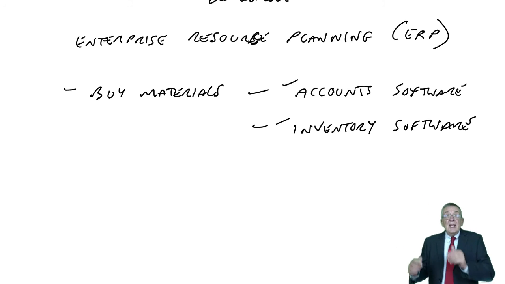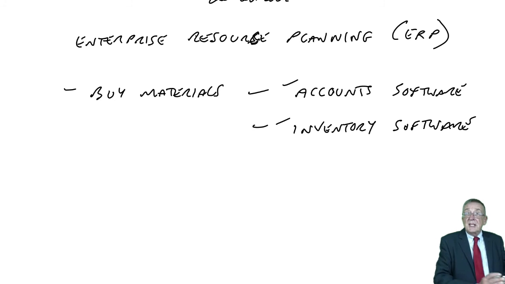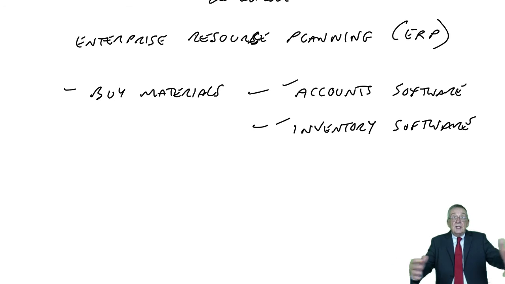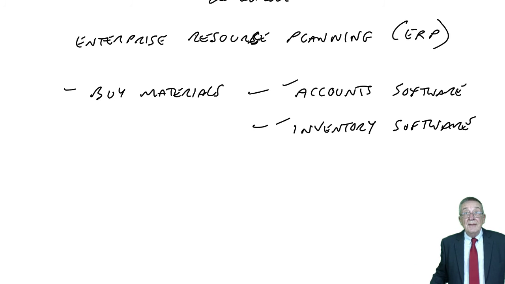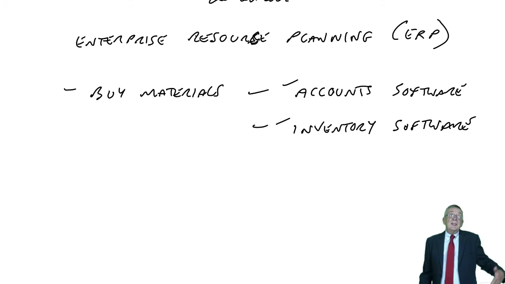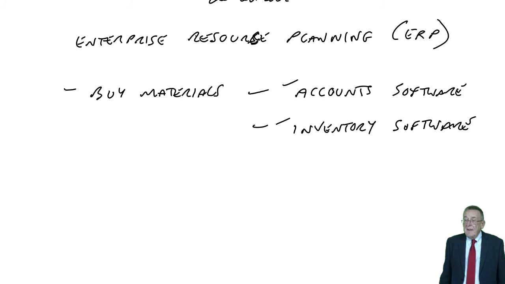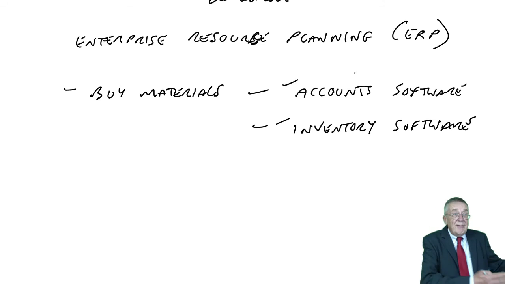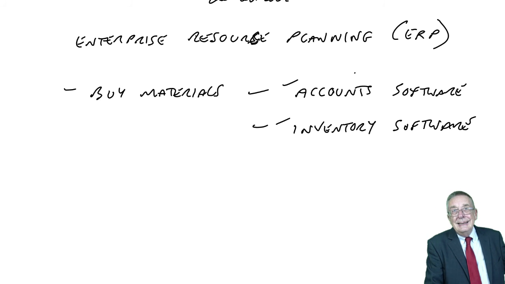The idea that all our departments are linked together. The data is all shared. And we're not entering the same figures twice. You know, the accounts need information about wages. Well, the wages department, human resources, they've got it all there.